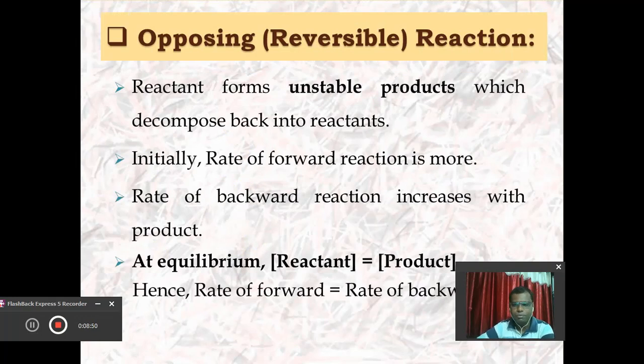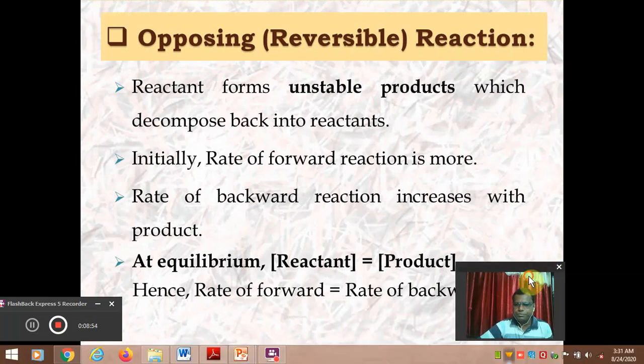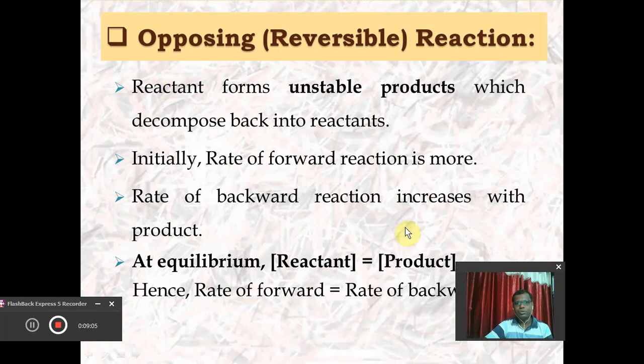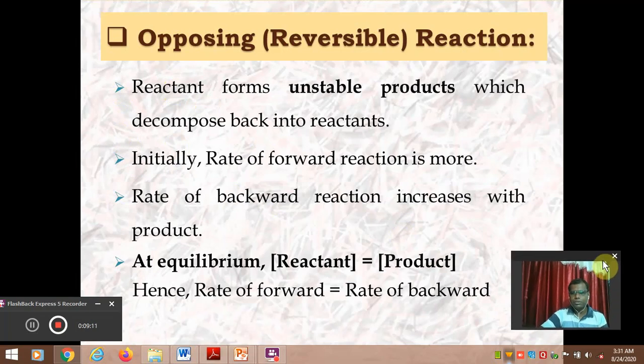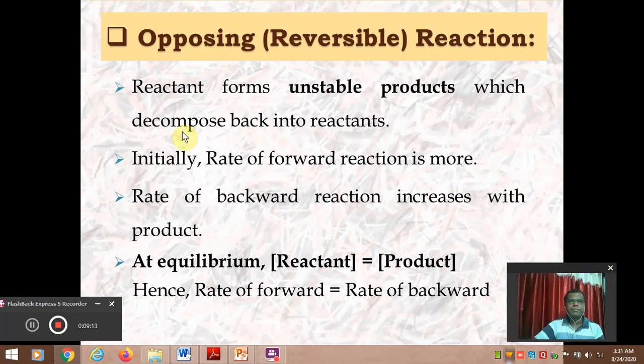I hope you will be able to know about this opposing reaction. What does it mean actually? Let me update this, so you should be able to see it. Thank you.